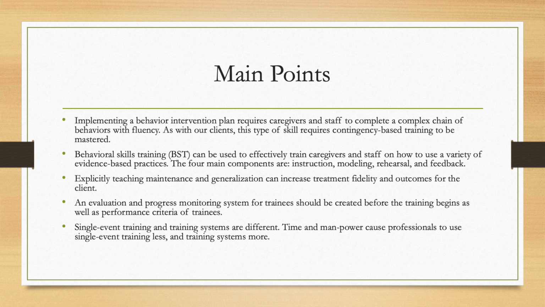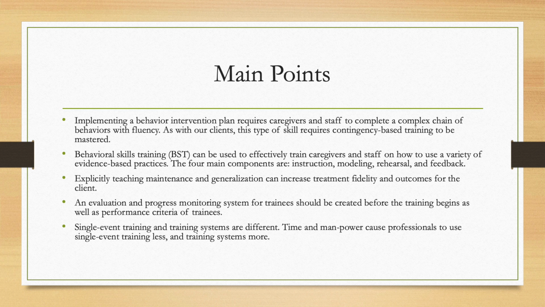So when you are looking at creating a behavior skills training intervention or program, it is extremely important that you look at how you're going to monitor evaluation and progress for all of the trainees. And it needs to be systematic, it needs to fall under applied behavior analysis. So it needs to be systematic, it needs to be evidence-based, tons of data, that's it, period. And it definitely needs to be created before this all starts.